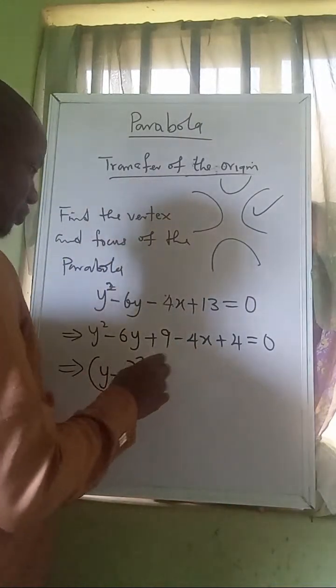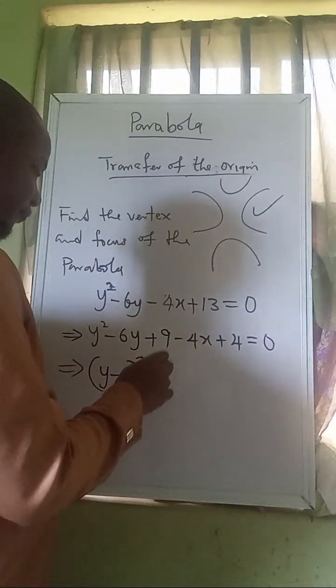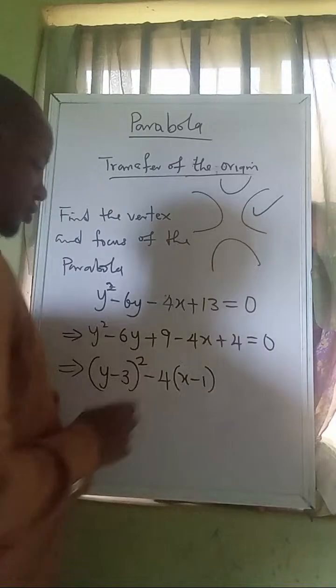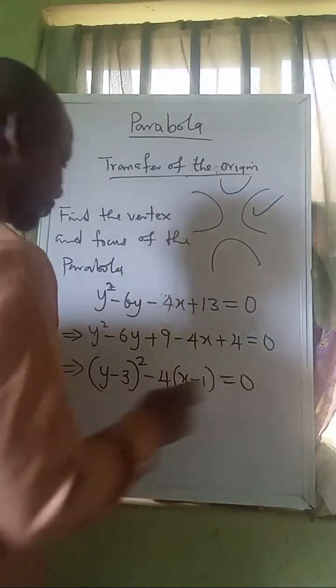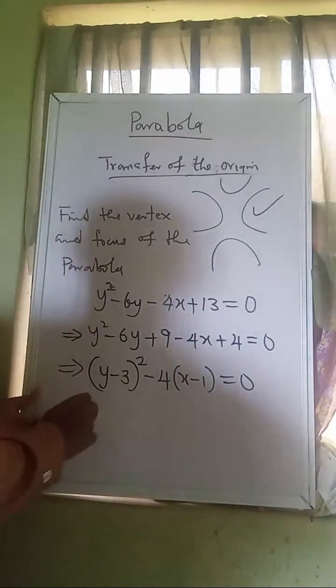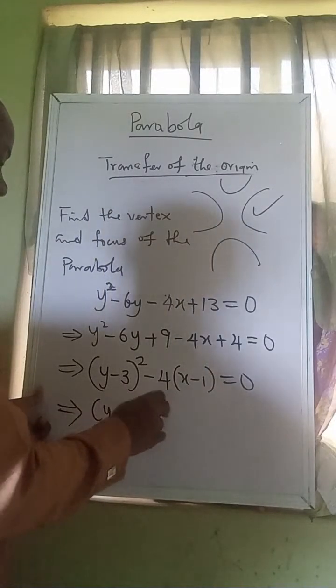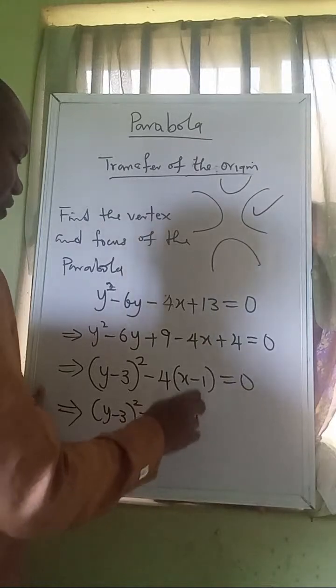Also here we can factorize 4 or negative 4 out, so that this will be x minus 1, and everything will be equal to 0. So this will be y minus 3 squared equal to 4 times x minus 1.